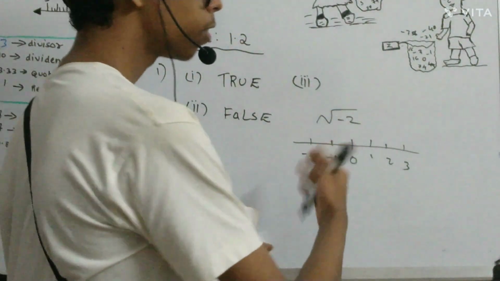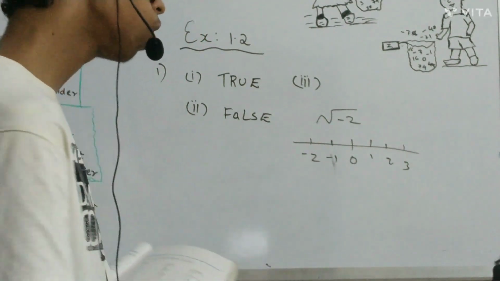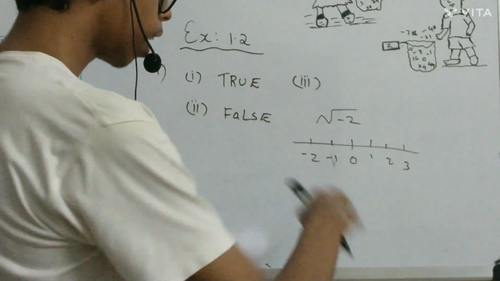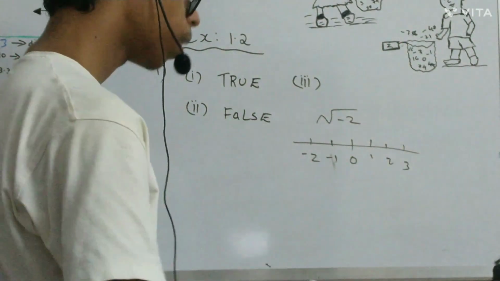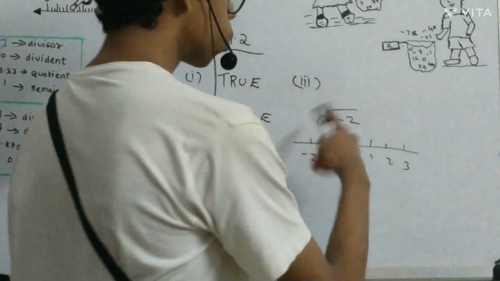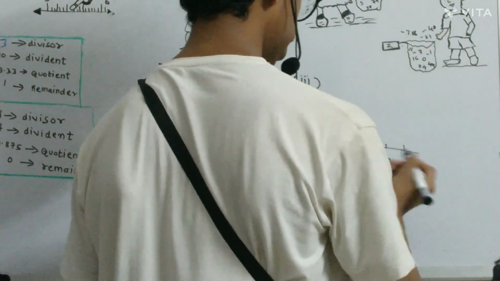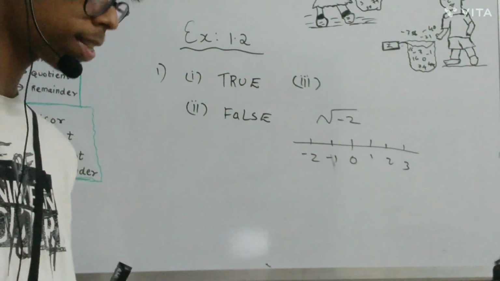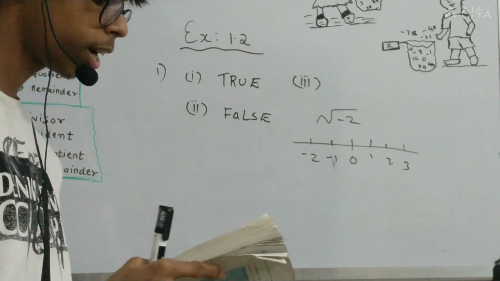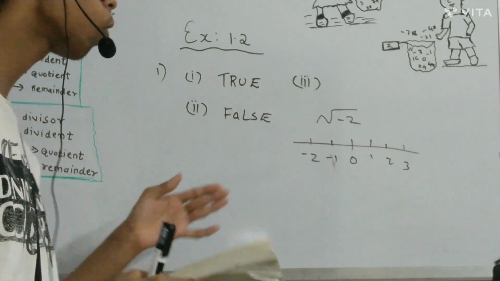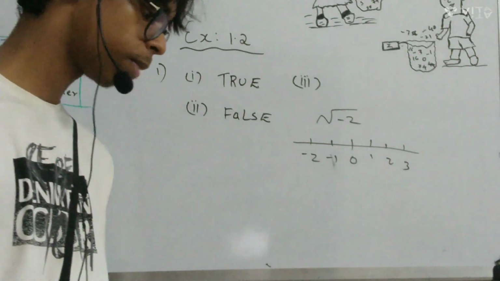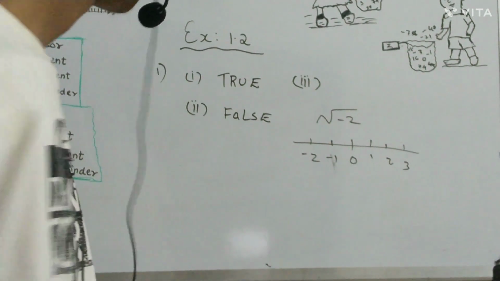It is something which we call complex numbers, which we will be learning in class 11. So definitely every point on the number line cannot be of the form root m. So definitely it is a false statement.